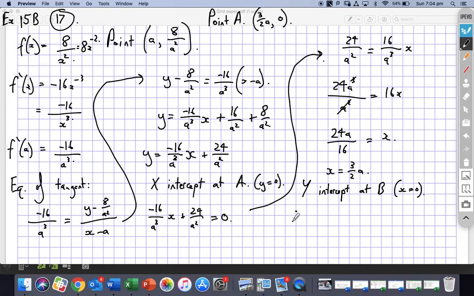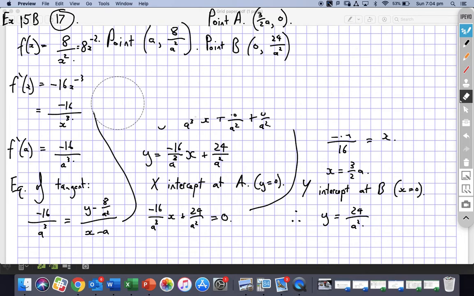So therefore, y would equal 24 on a squared, and I could say point B would be x is 0, y is 24 on a squared. Okay, so that one is a bit easier.